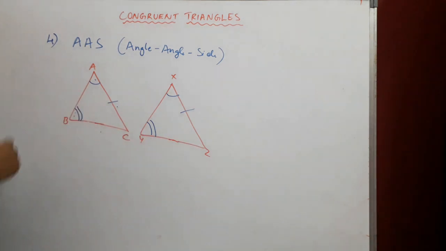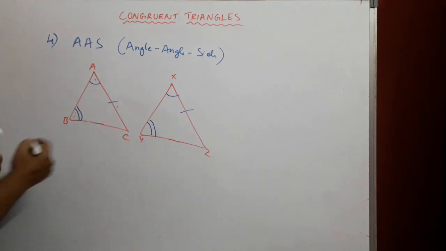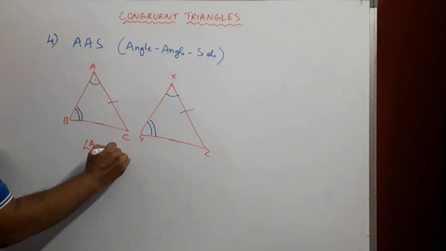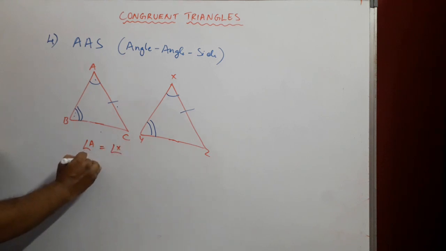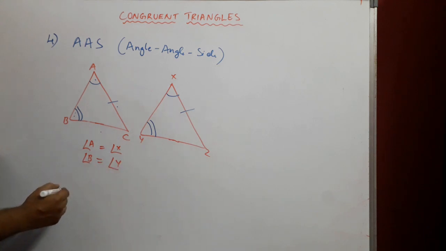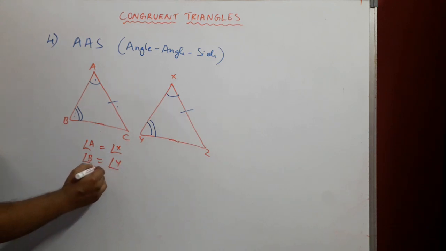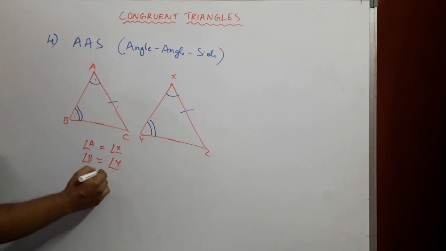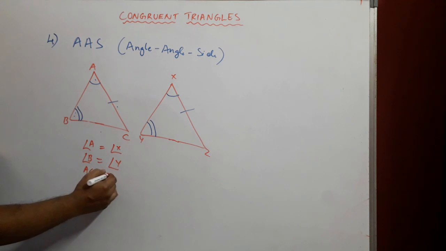So in this case, we will take angle A equal to angle X and angle B equal to angle Y, and AC is equal to the corresponding side, that is XZ.